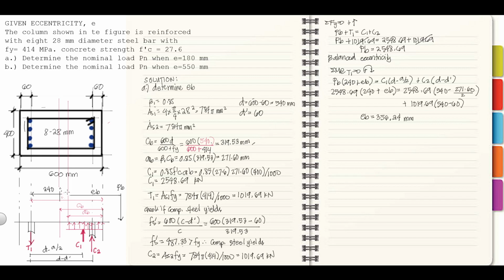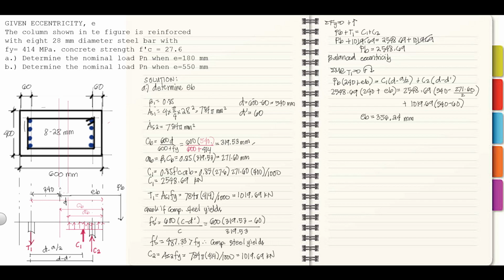Okay, so nandito yung EB, ang plastic centroid, and this is 240. And of course, this is D. Alright, so, from plastic centroid to the tension steel, that is half of the total height, 300, minus 60, 240 po yung distance from T1 to the plastic centroid.